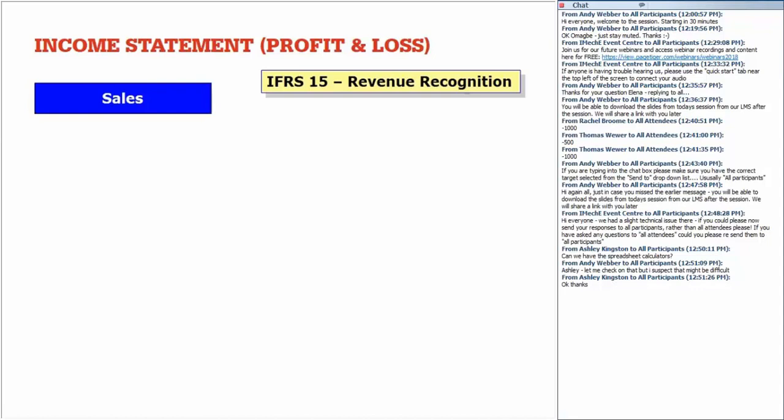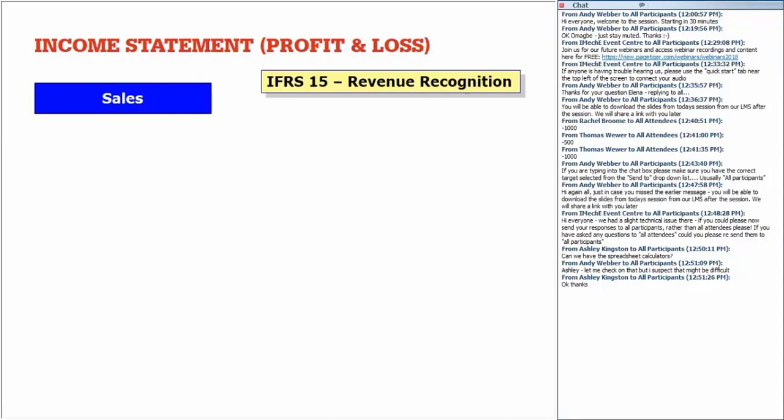And you may think, oh, well, that's fairly obvious, and it is in most cases, but if you think of an engineering project that is spanning several years where there are staged payments, then you can see that the whole value of the contract is not recognized immediately. There will be staged payments. Now, the staged payments are a good indication of when revenue will be recognized, but they're not necessarily always valid.